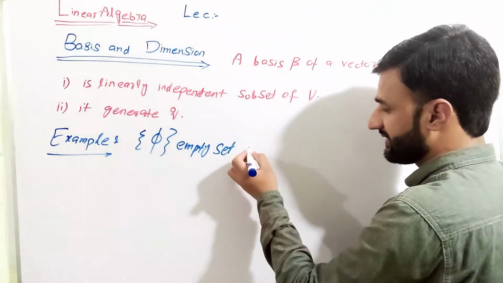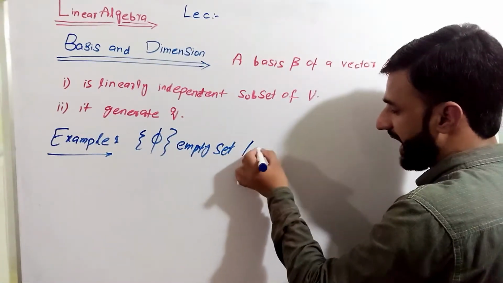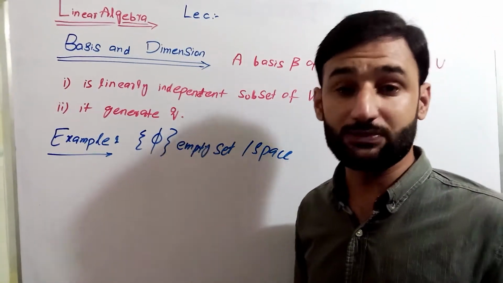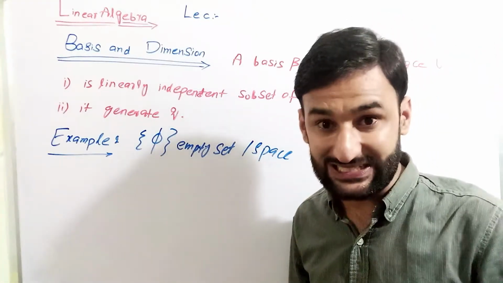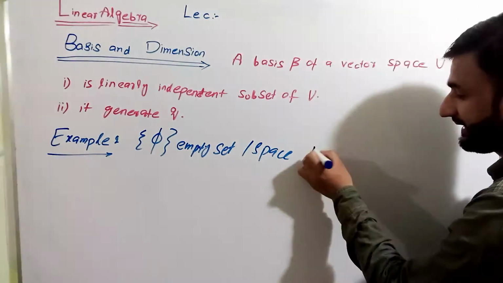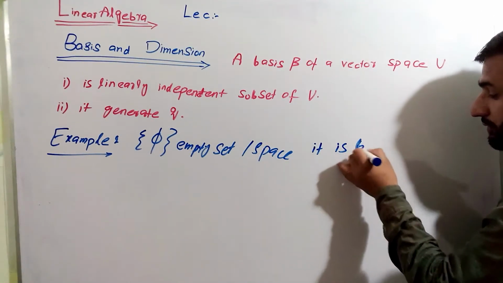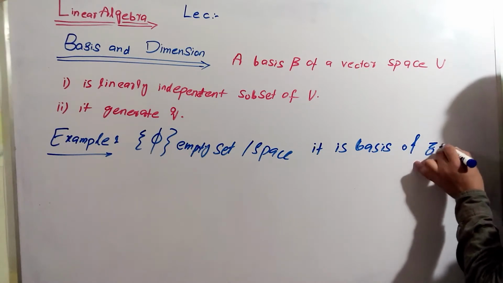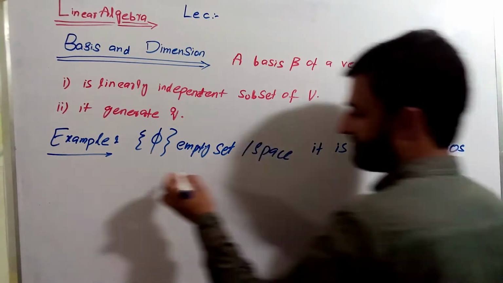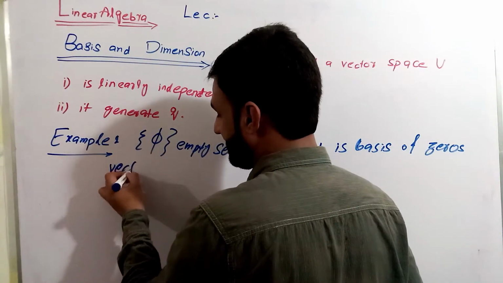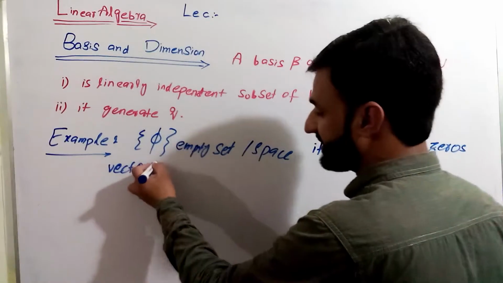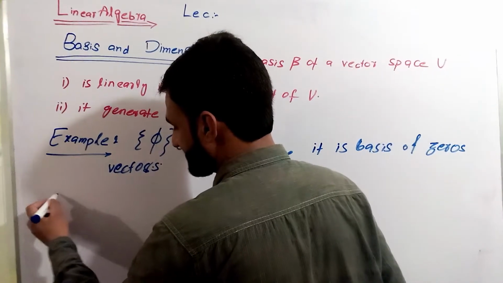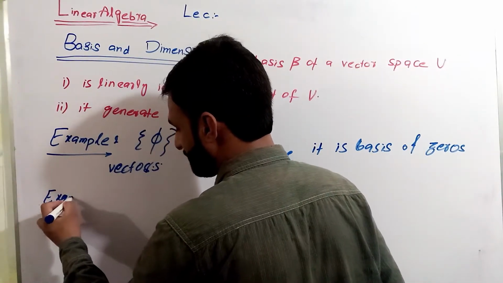In mathematical terms, it is the basis of the zero vector space. Basically, it is the zero vector type of thing, right?